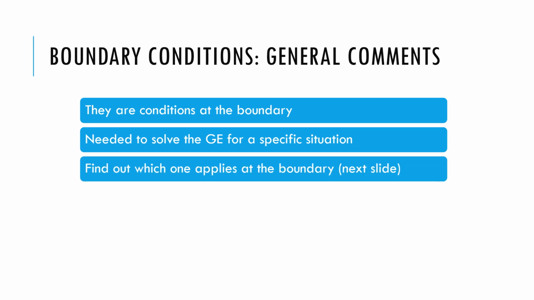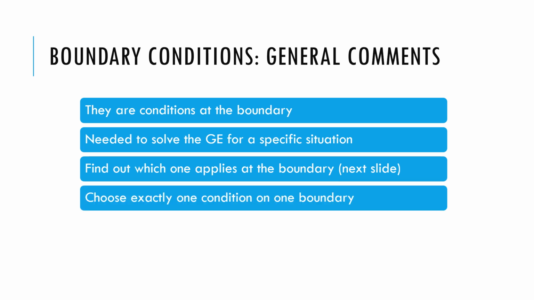Then we have to find out which one applies at a specific boundary from a list of the simple boundary conditions that we're going to talk about next. Then we have to choose exactly one from the list on one boundary. We cannot apply two different boundary conditions simultaneously on the same boundary.